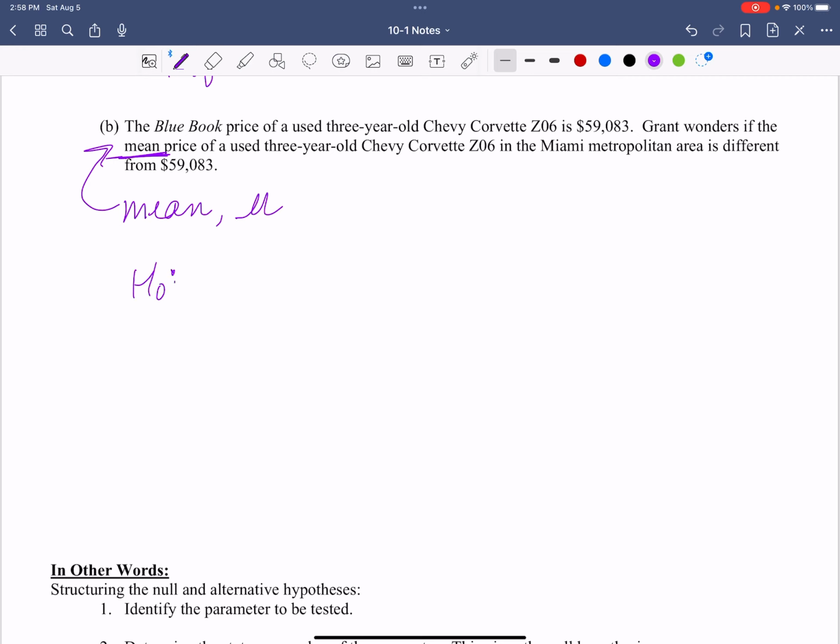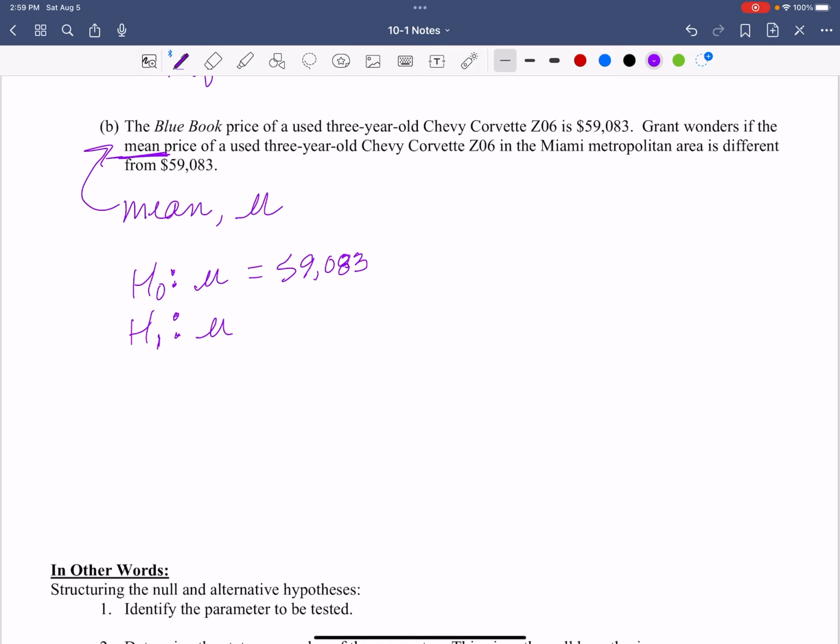So I have to figure out a null hypothesis and an alternative hypothesis. No matter what, I'm talking about a mean, so I know I'm going to be using mu here. And then what information do we currently have? The price of this Corvette is $59,083.